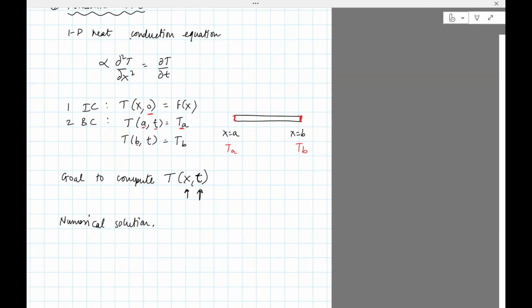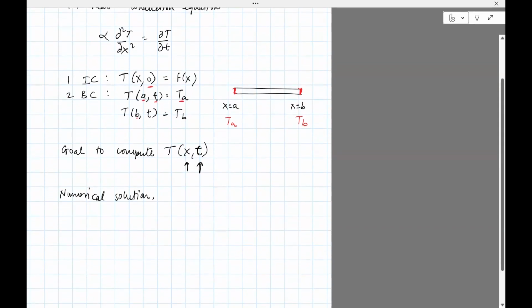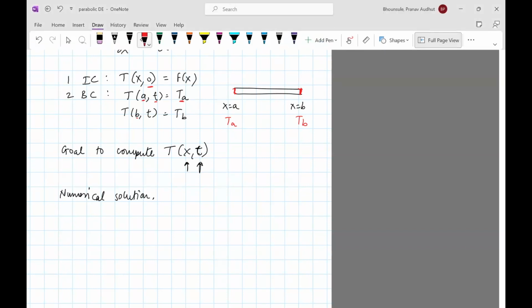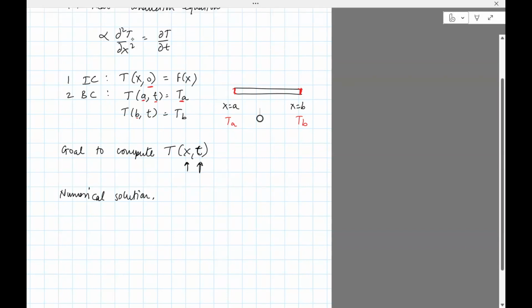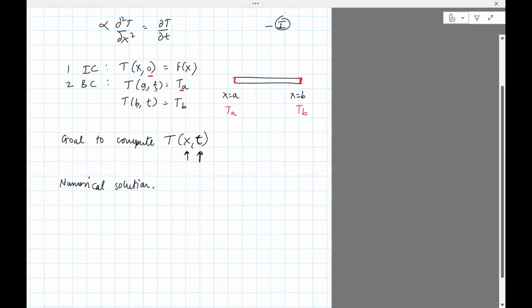So most PDEs you rely on numerical methods to solve them. There are no analytical solutions for most of these problems. So what we do is we take that equation, let's call it equation 1.